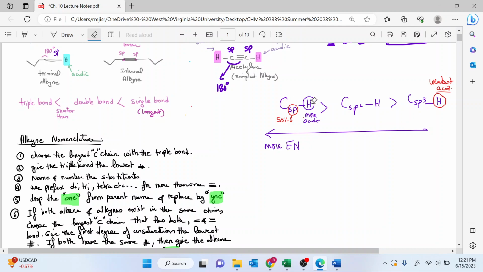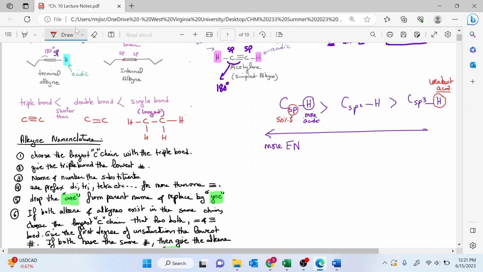In addition to the carbon-hydrogen bond, we also have the carbon-carbon bond. So if we are comparing the triple bond to the double bond to the single bond, then the triple bond is going to be a shorter bond between the carbons than the double bond, than the single bond. And this also applies to the hydrogens that are connected to these carbons as well.